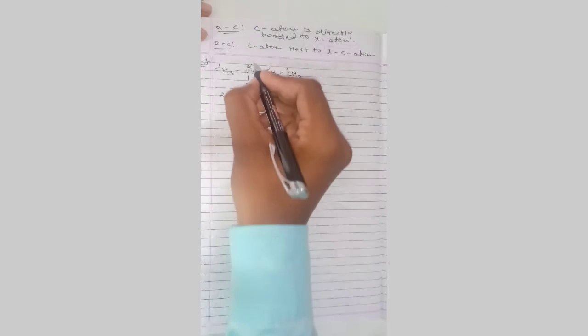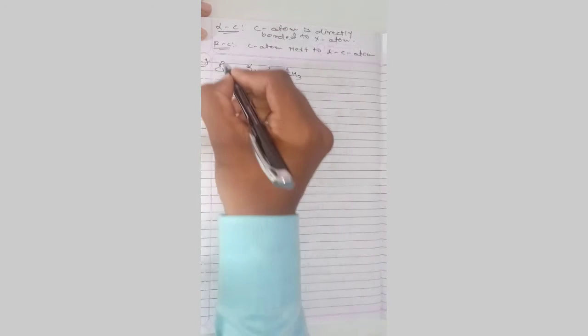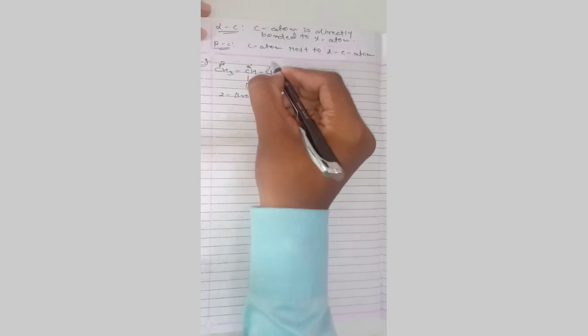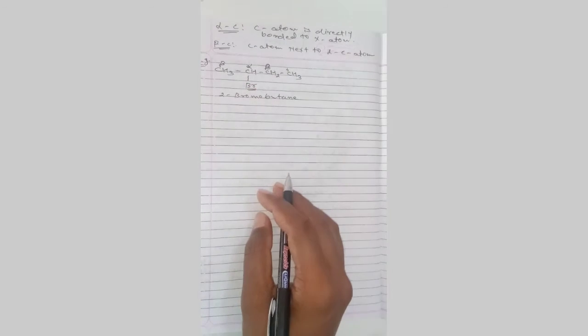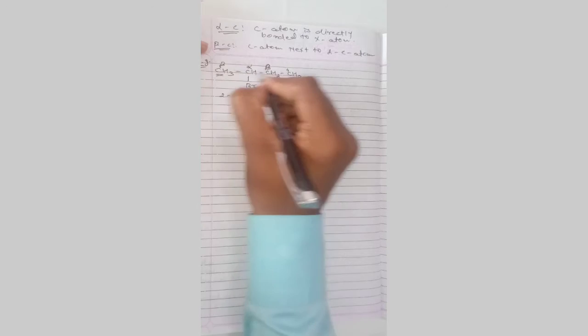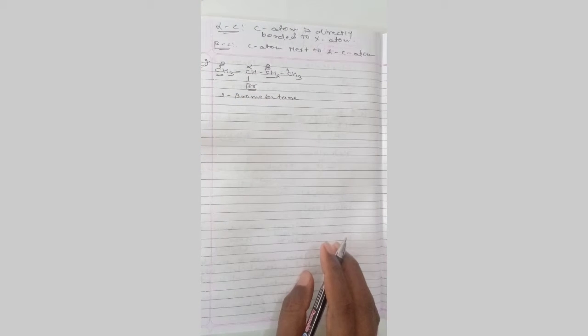So in this case, this is a beta carbon and this carbon is also a beta carbon. So here we have two beta carbon atoms.